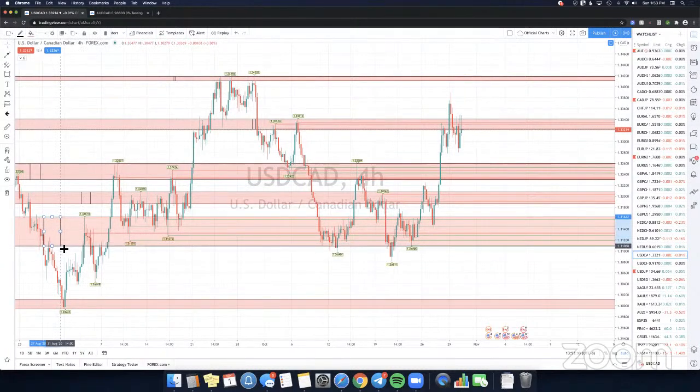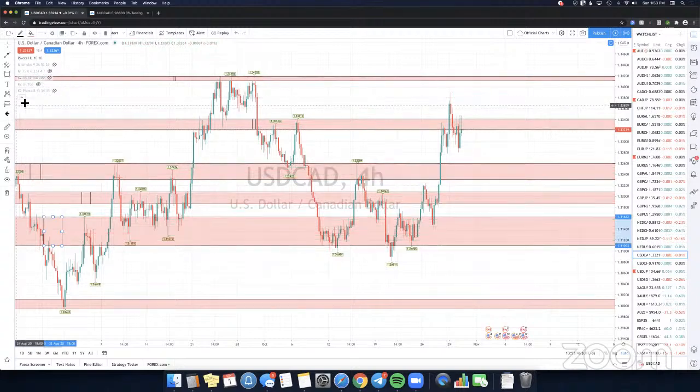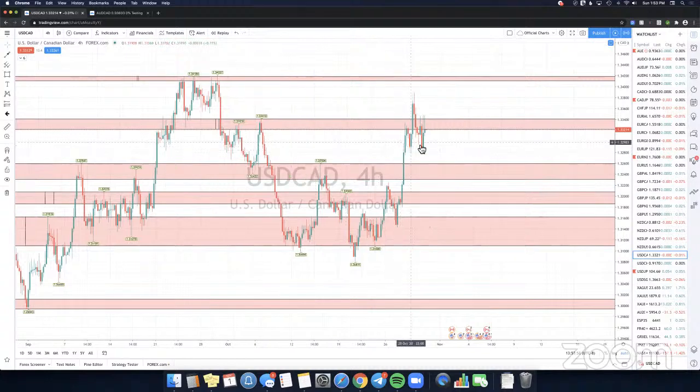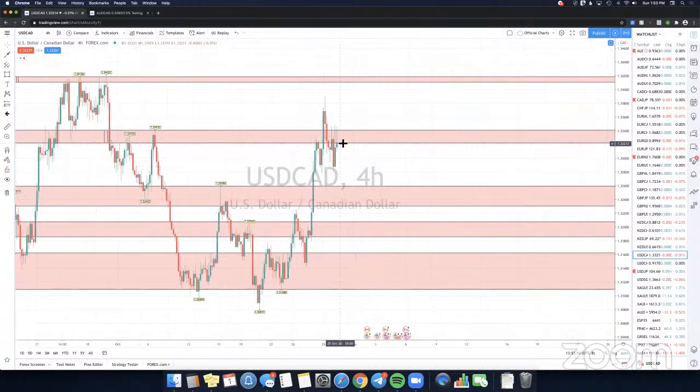So this zone down here is kind of huge, but it doesn't really matter because price is way up here. I don't expect it to come down within a week or so. I mean, elections are in 2 days, so maybe it might drop. However, I don't see it dropping that drastically. But price is currently right here. I'm going to skip this zone because it's so close. The next zone up here is going to be 1.33414. And this lower zone down here is going to be 1.32594. So those are the two zones for USDCAD.